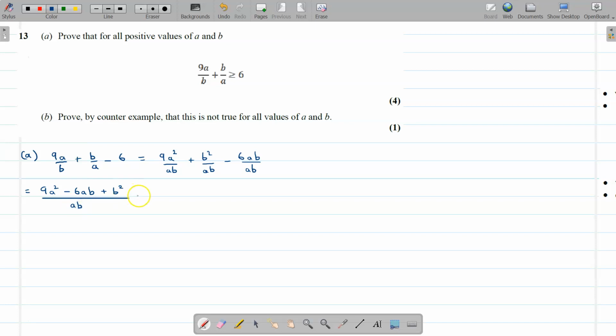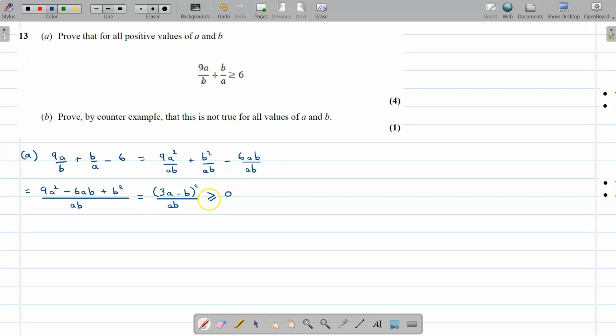And now I can write that as the perfect square and write it as 3a minus b all squared, over ab, okay? Now, at this point, you can introduce the inequality sign and say that that is always greater than or equal to 0.